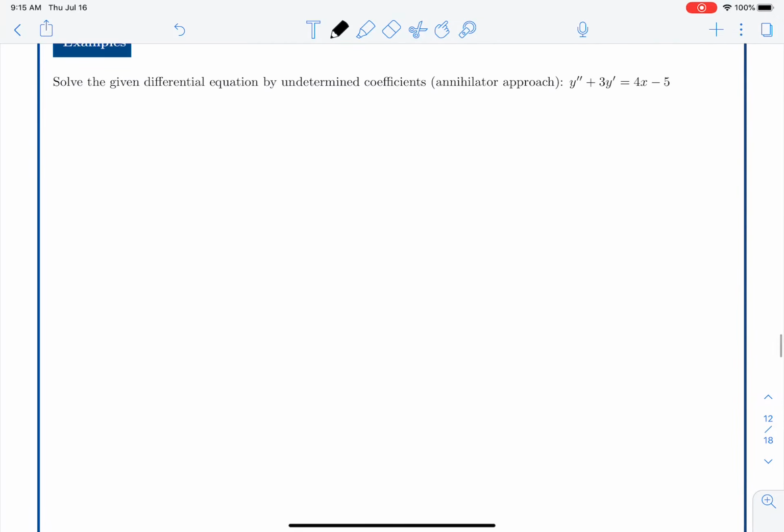So now we have a second order differential equation, and the right hand side g of x is a linear function, and it is of the form 4x minus 5. So first I can rewrite the differential equation using the differential operator.